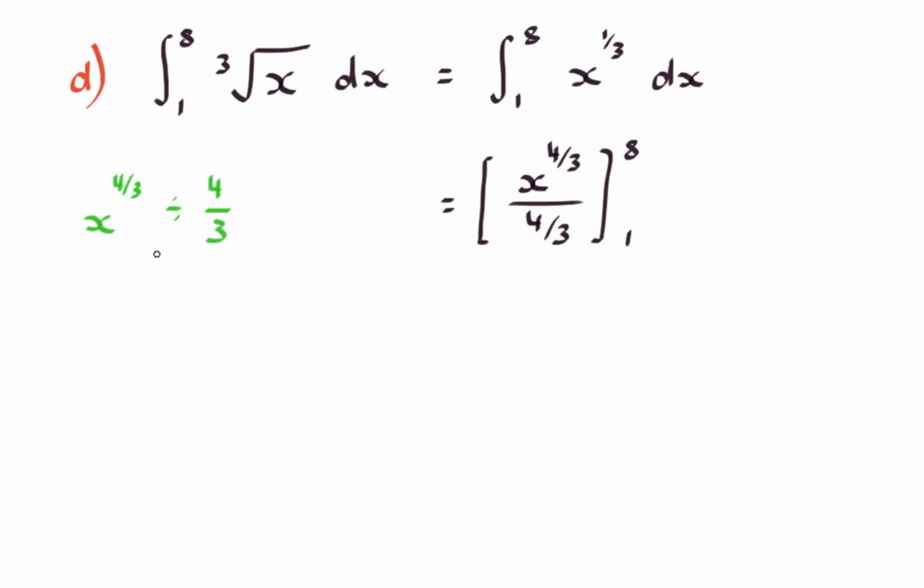When we divide by a fraction, that means that we can do a times and flip. So rather than thinking of it as divided by 4/3, we are really timesing this, x to the power of 4/3, by 3/4. And so you might like to write your answer like this.